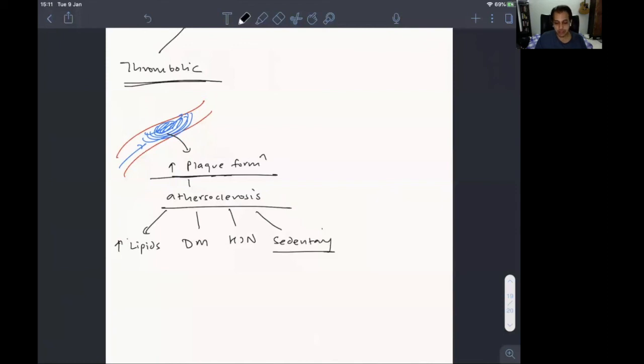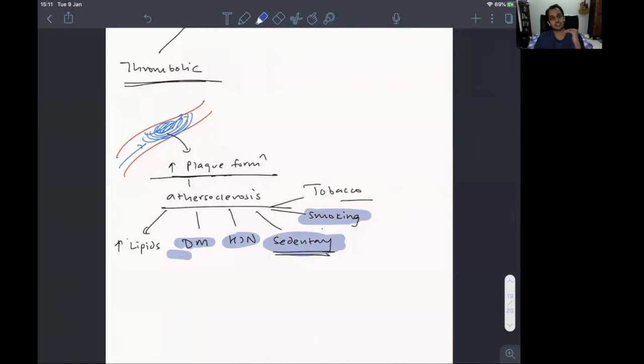Now these are risk factors, of course. Smoking, tobacco. Okay. So these are all risk factors for atherosclerosis. So the more risk factors you have, so if you have diabetes and blood pressure and you smoke and you have a sedentary lifestyle, then your chances of getting atherosclerosis, plaque formation, and thrombotic stroke are more.